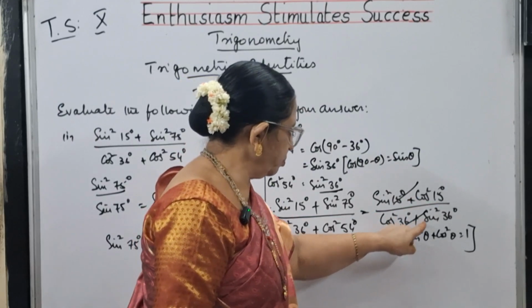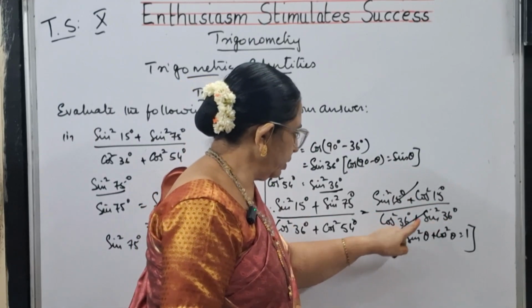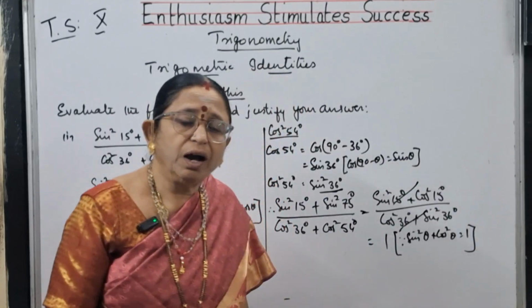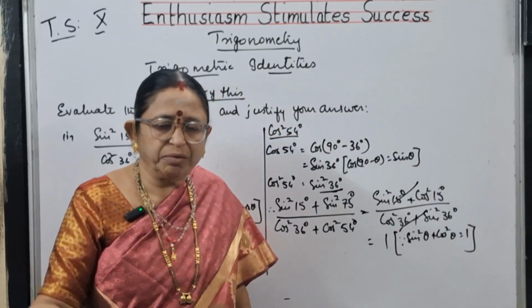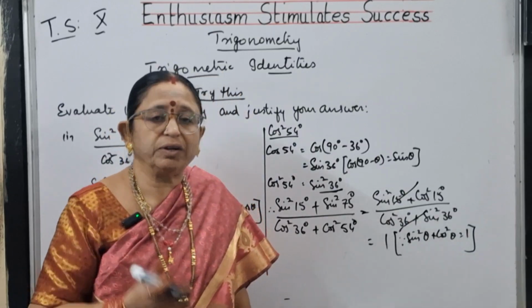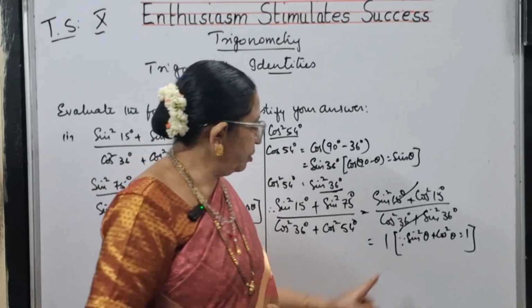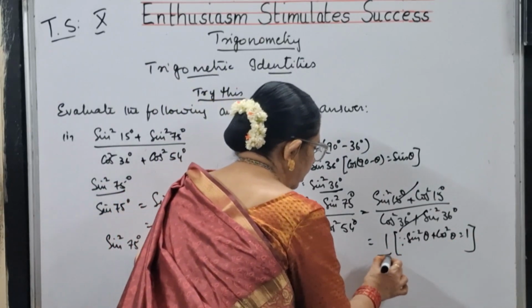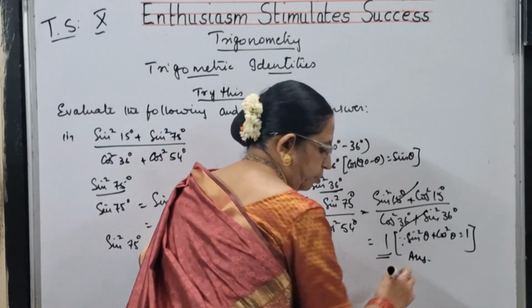Cos square 36 plus sin square 36, cos square theta plus sin square theta. Either sin square theta plus cos square theta or cos square theta plus sin square theta makes no difference. Their values are the same, and according to the identity, that is 1. So basing on this identity, you have converted it as 1. So 1 is the answer for this problem, children.